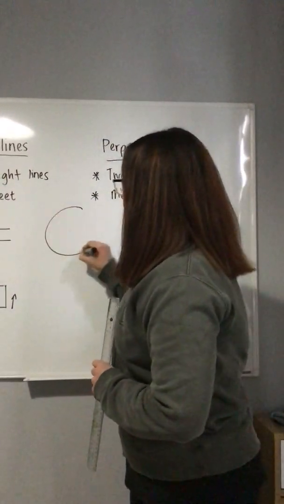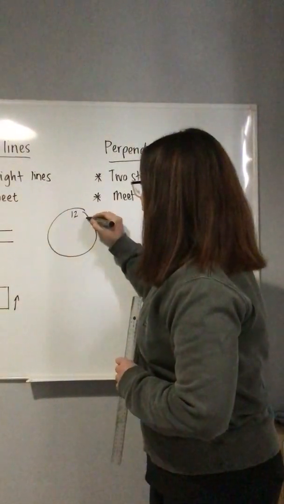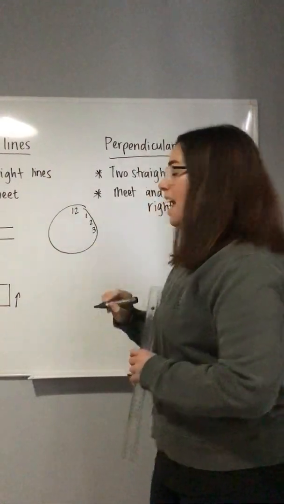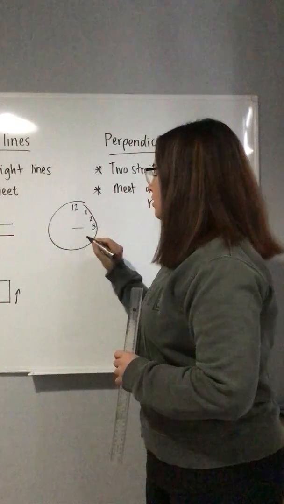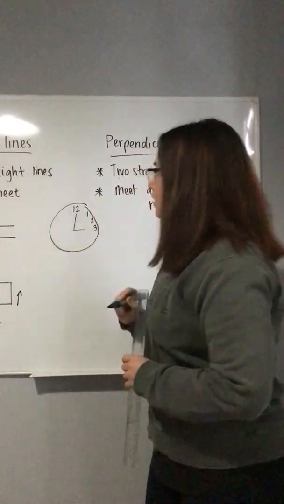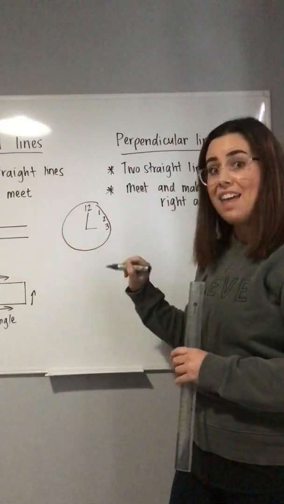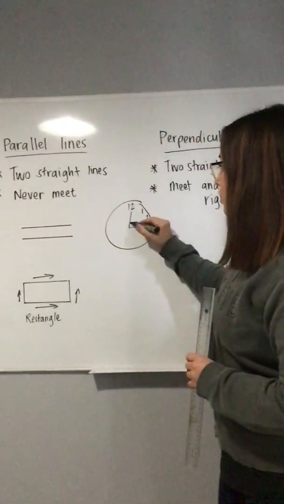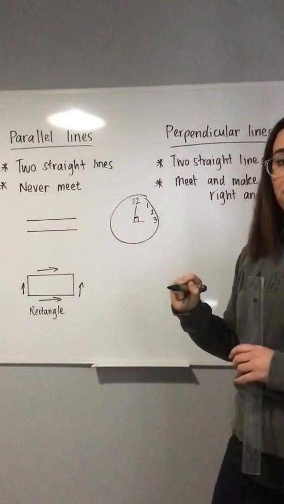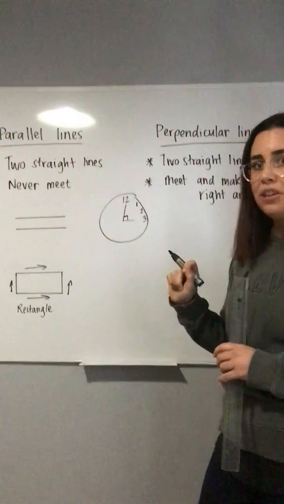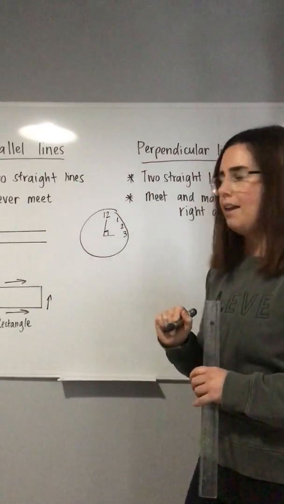So I've got a clock here, and it's not a very good clock, but I've got 12, 1, 2, and 3. Now, when a clock says 3 o'clock, we've got the small hand pointing to the 3 and the big hand's pointing to the 12. Now, that makes an angle here, and that angle is known as a right angle. This little symbol here is what we put in the middle of the two lines to show that it is a right angle. So whenever you see that, you think, oh, that is a right angle.